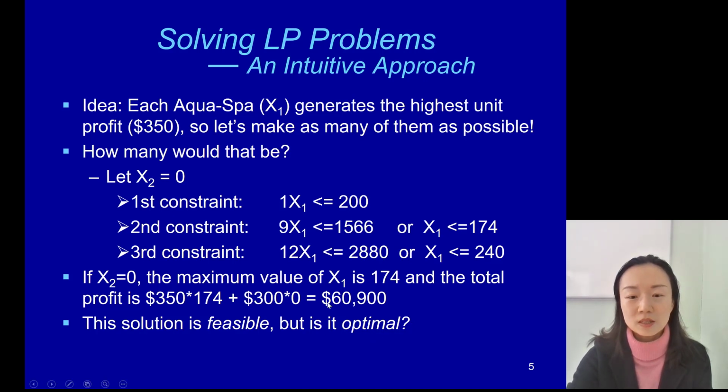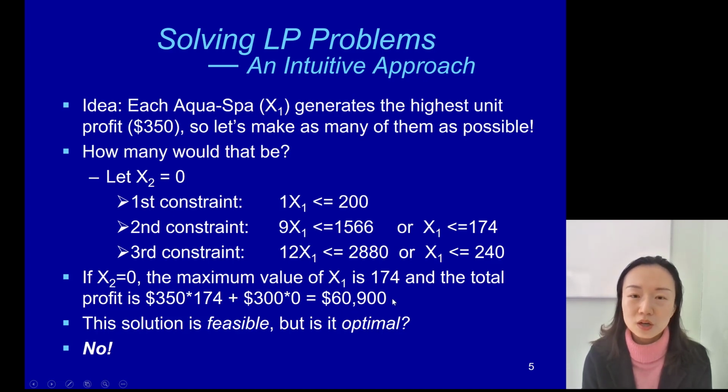Is this total profit that we get the maximum value that we can have from the model? The answer is no. As we solved it using solver, we know that our objective function value is much higher than this. Okay, so that means this is not optimal.